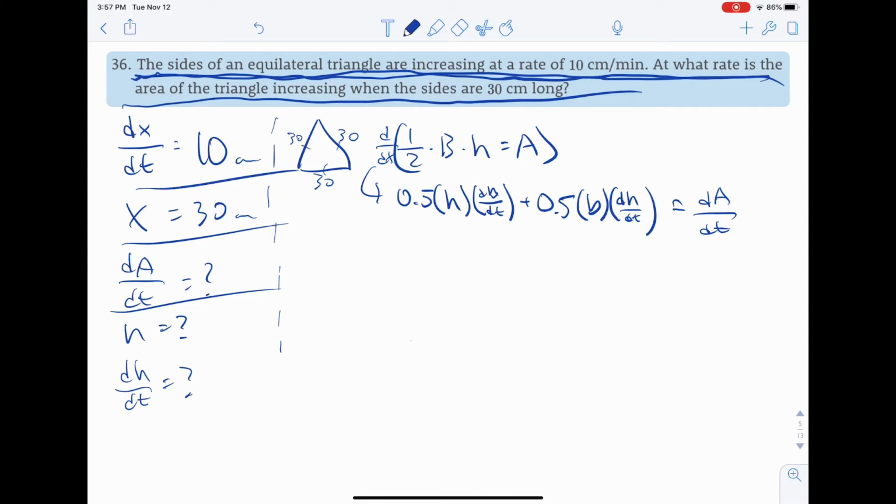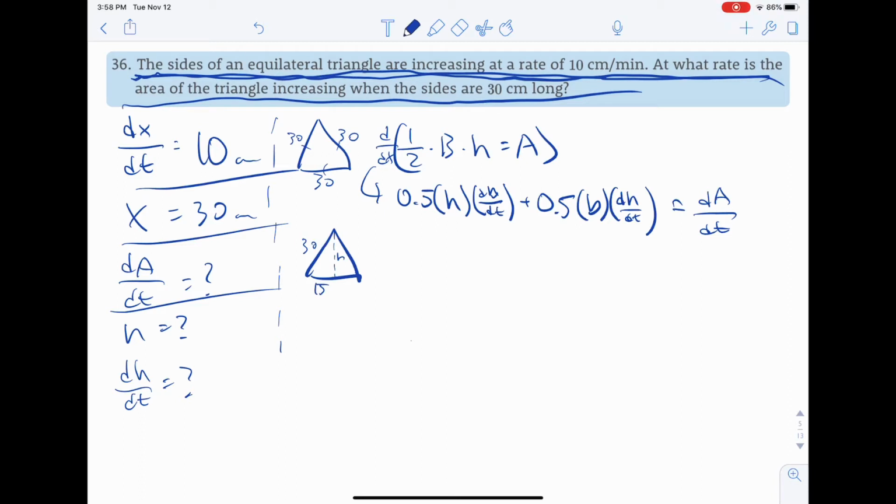All right, so let's get finding. Let's find h. How do we find h? Let's use the Pythagorean theorem. We're going to cut this in half, call this h, this is 30, and this is 15.